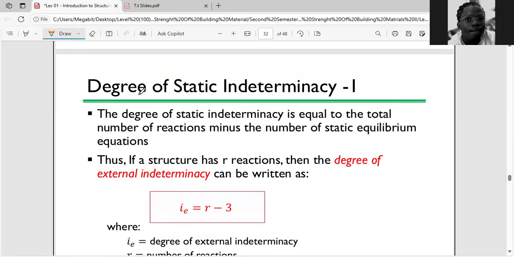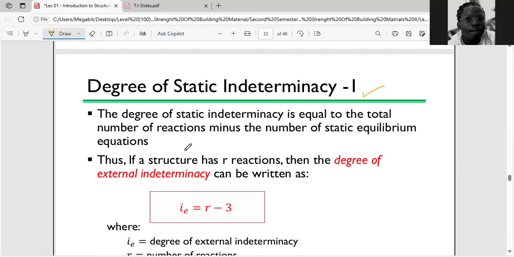So let's talk about the degree of static determinacy. The degree of static determinacy is equal to the total number of reactions minus the number of static equilibrium equations.